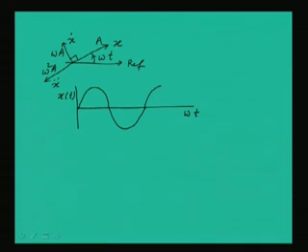So this is a displacement signal. Below this, if you want to draw the velocity signal, obviously we have to start from here because it is leading by 90 degree. Here if I want to express this, this is pi, this is 2 pi radians, this is corresponding to the pi by 2.